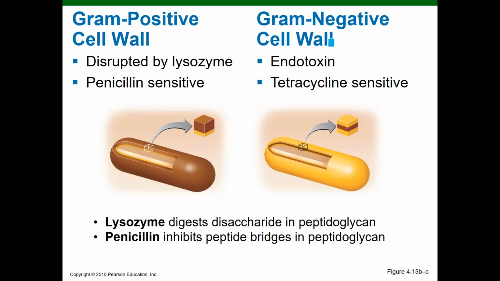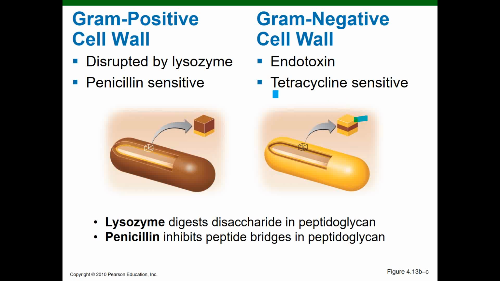Gram-negative cell walls, this outer lipid layer is actually a toxin. It contains toxins. So often when you talk about a bacterial infection causing massive fever, massive hemorrhaging, it's caused by an endotoxin on the outer surface of that bacterial cell wall.